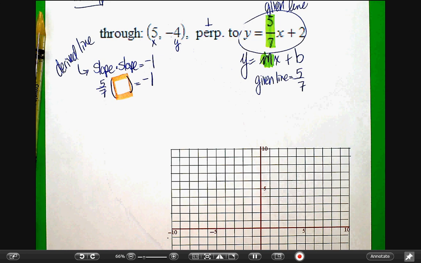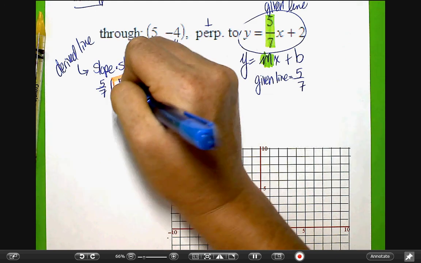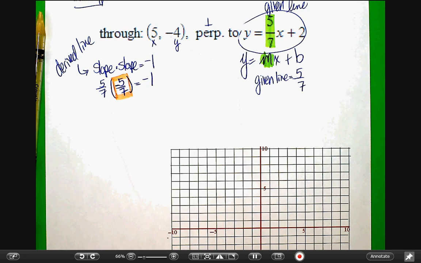Ask yourself what that something is. Something should be the opposite reciprocal, which is -7/5.